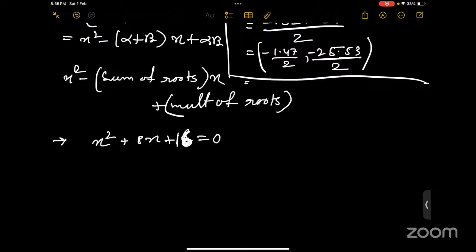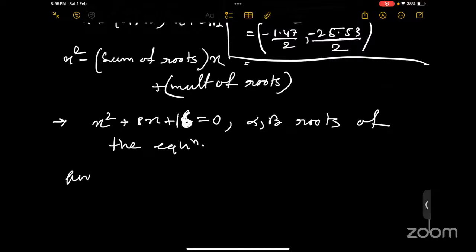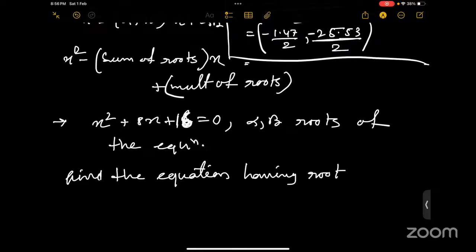Okay. And given that alpha and beta are roots of the equation, you have to find the equation having roots alpha square and beta square.